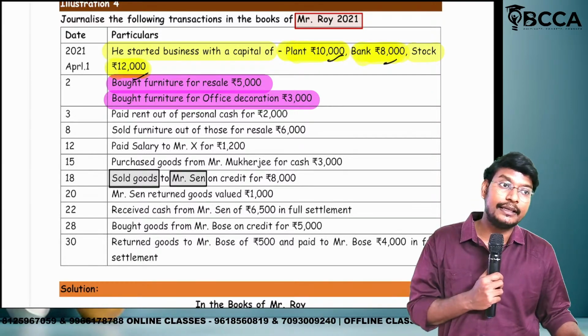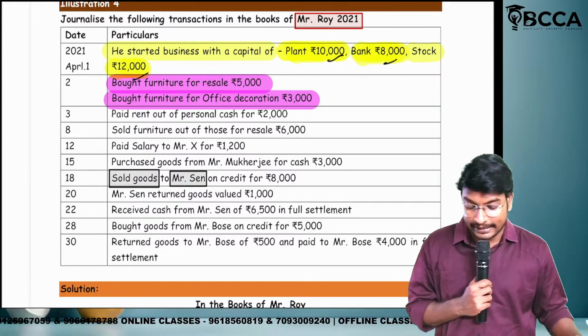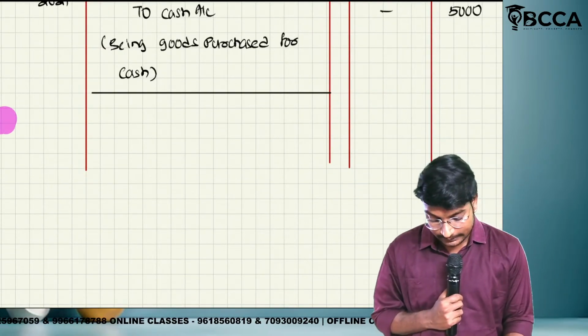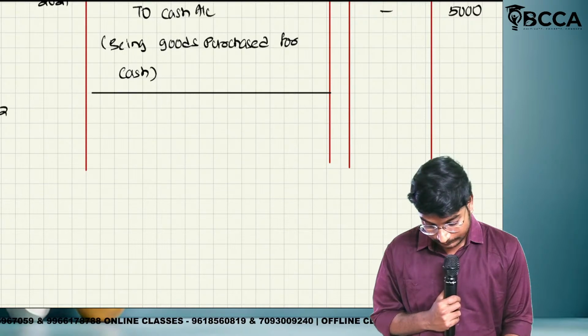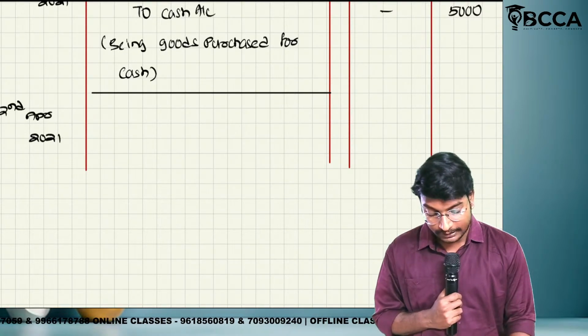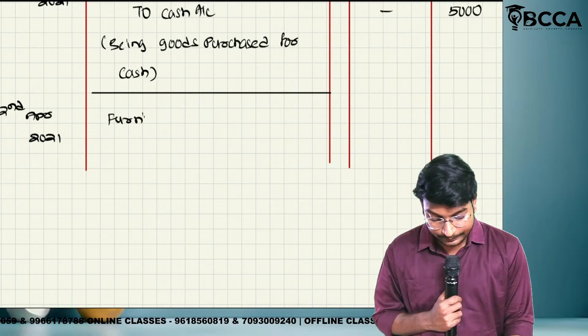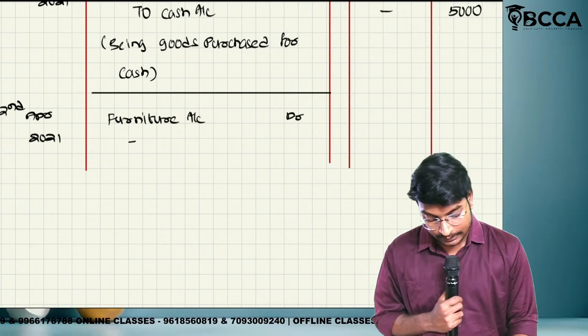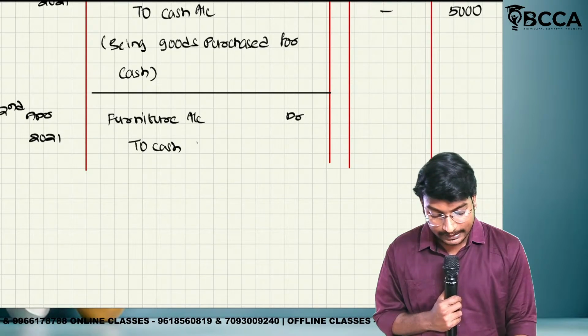So what is the entry? Furniture account debit to cash account. Same date? Same date, 2nd April 2021. So furniture account debit to cash account.